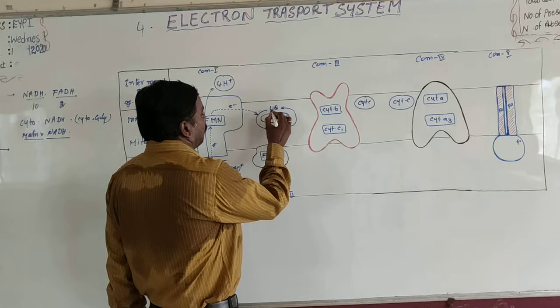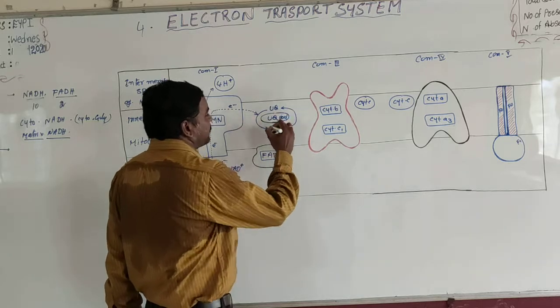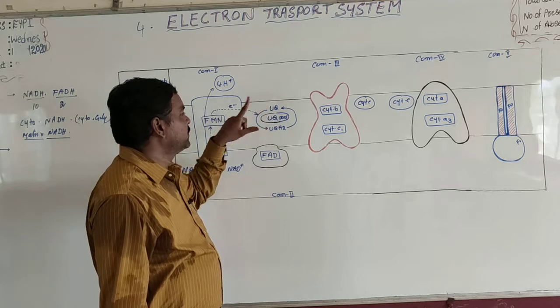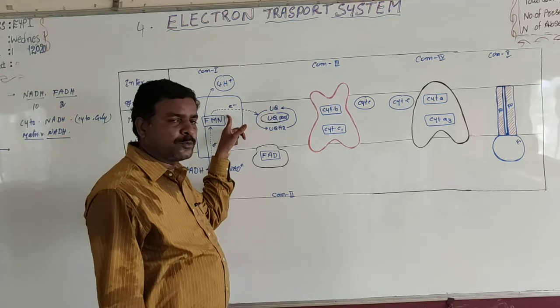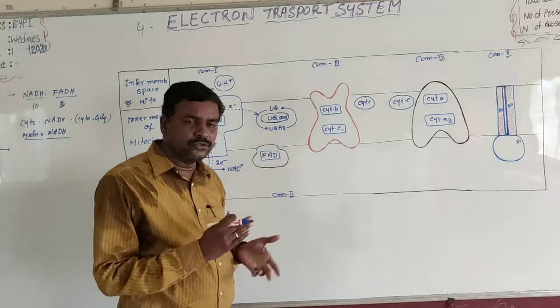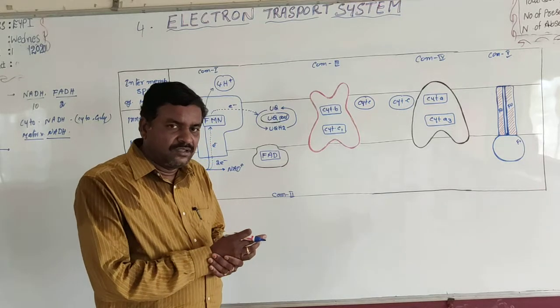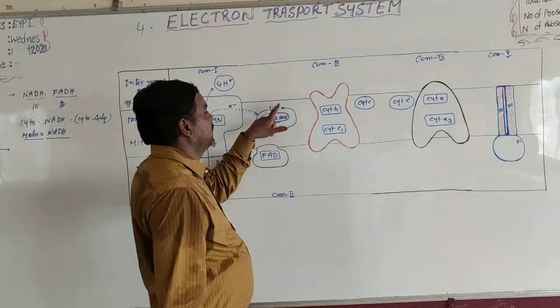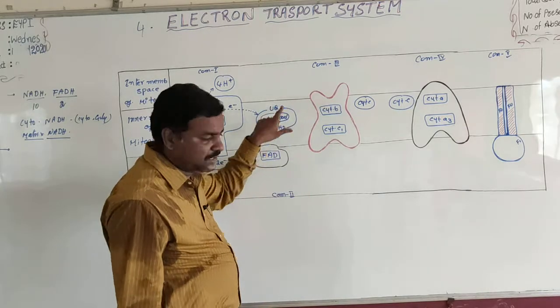Now, the UQ cycle takes place here. UQ receives one electron from complex 1 and two protons from matrix and it is reduced into UQH2. Then this UQH2 returns to its original partial oxidation state.